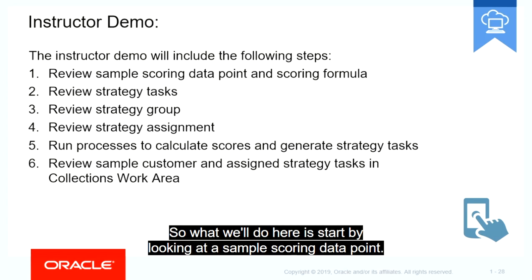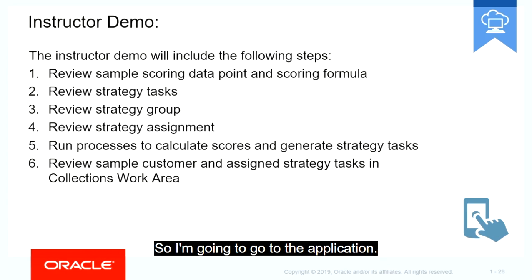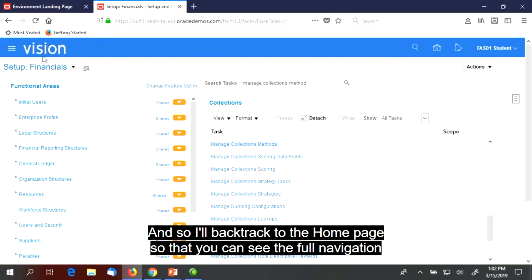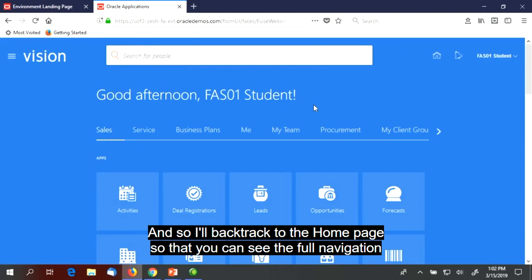So what we'll do here is start by looking at a sample scoring data point. So I'm going to go to the application, and I'll backtrack to the home page so that you can see the full navigation here to the functional setup manager.